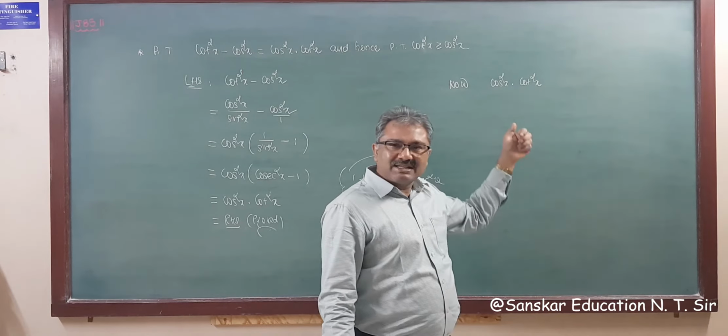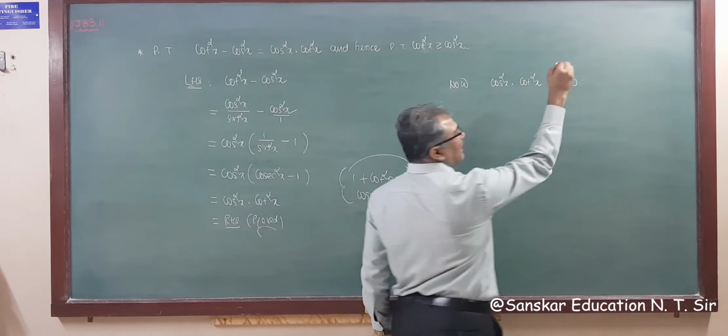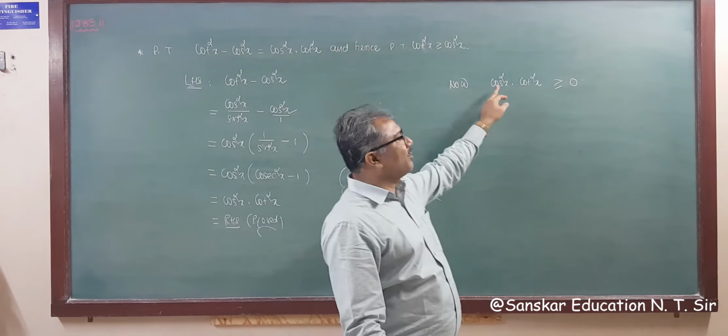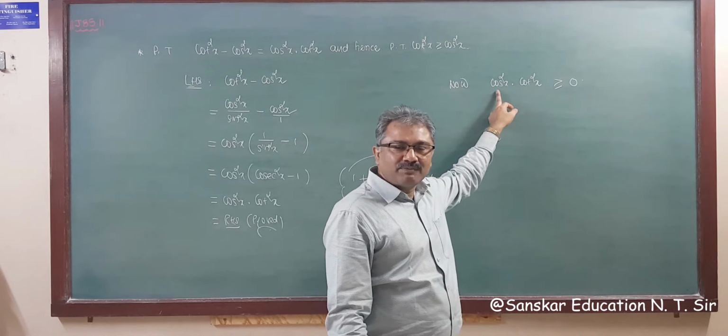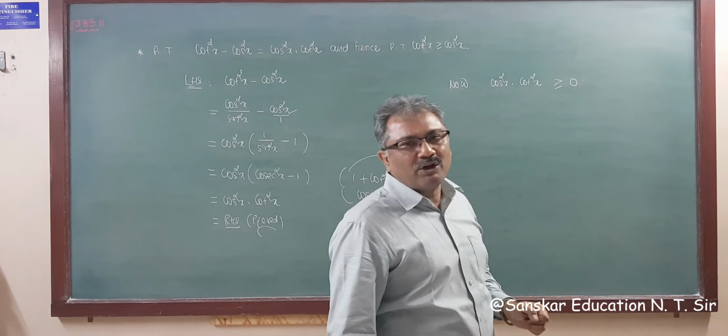So 0 into 1 is 0. So इसका आंसर जो है वो always greater or equal to 0 ही आएगा. 0 से लेस देन कभी भी नहीं आएगा. That means नेगेटिव कभी भी नहीं आएगा, because you know square of any number is always positive, right? नेगेटिव नंबर जो है उसका स्क्वायर निकालेंगे तो वो always positive ही आएगा.